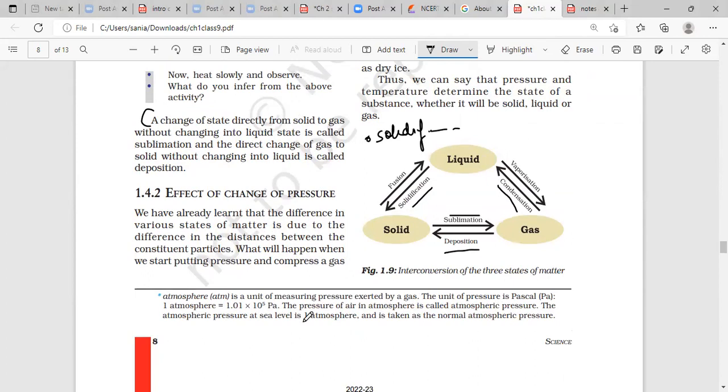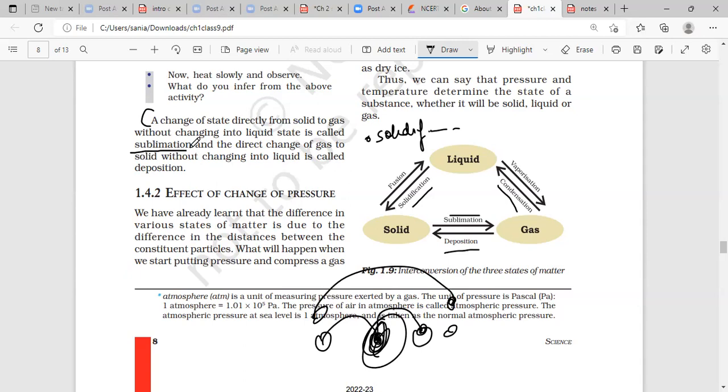See, for example, this is solid, this is liquid, and this is gas. If you want to change the thing into gas, first you need to convert it into liquid, then liquid will be changed into gas, right? But when you directly convert solid into gas without converting it into liquid, that is known as sublimation.